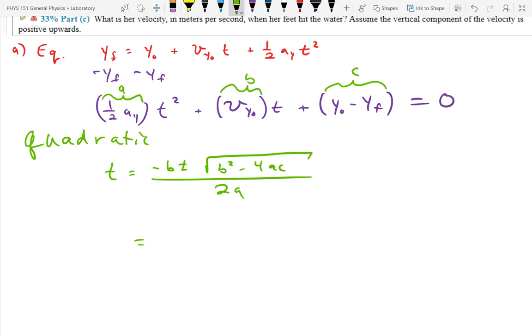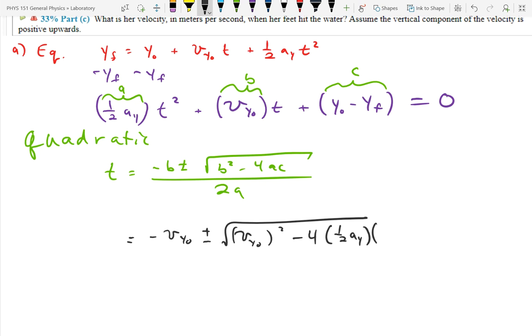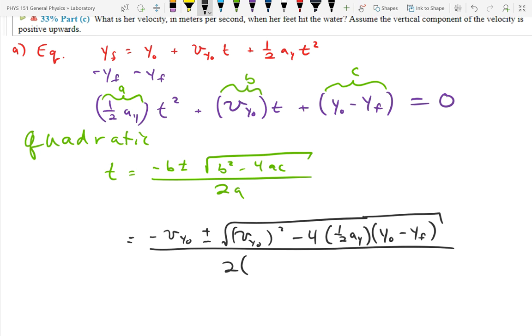So putting in my variables from the equation, okay, I don't like that color of green. My b is vy0, so minus vy0 plus or minus the square root of vy0 quantity squared minus 4 times, my a here is 1/2 ay, and my c is y initial minus y final, all over 2 times 1/2 ay. 2 times 1/2, I always like that.